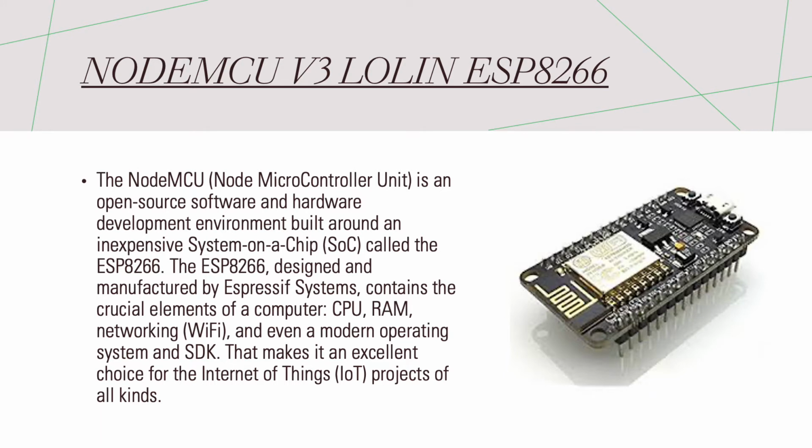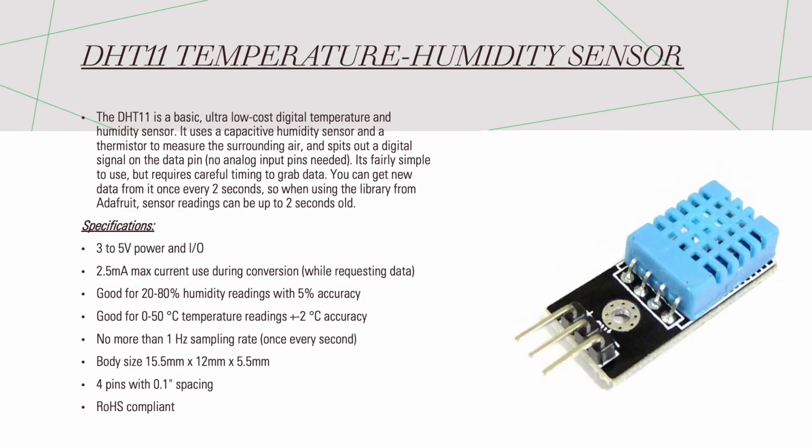NodeMCU is an open source software and hardware development environment built around the inexpensive system on a chip called the ESP. The ESP, designed and manufactured by the Espressif Systems, contains the essential elements of a computer: CPU, RAM, networking, and even a modern operating system and the SDK. That makes it an excellent choice for the Internet of Things projects of all kinds.